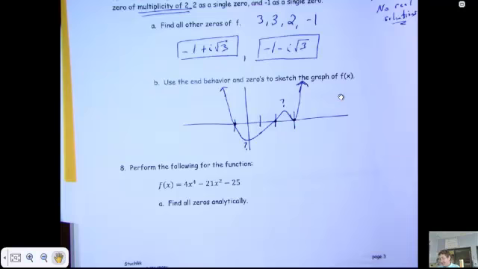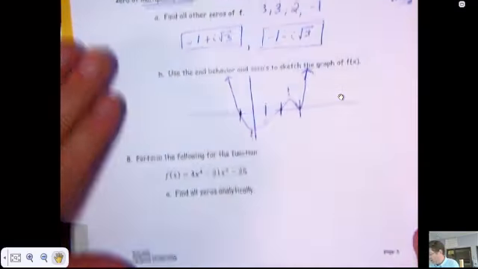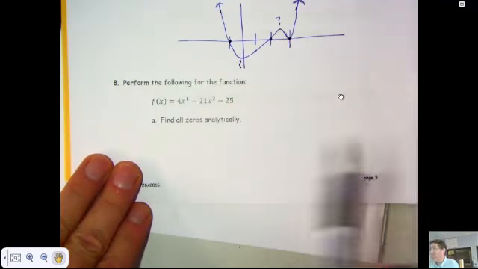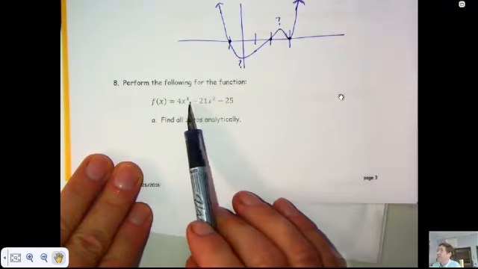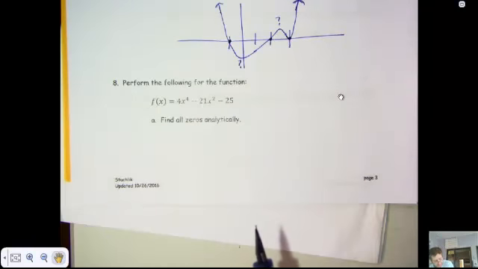Okay, look at 8. So 8 is another one that's a little challenging. But you may want to recognize on 8 that it has an x to the 4th and an x squared. And in fact, that looks almost like a quadratic, doesn't it?